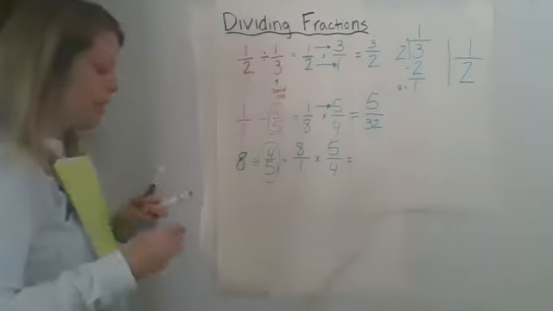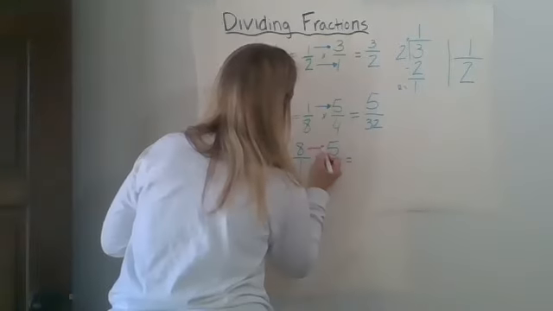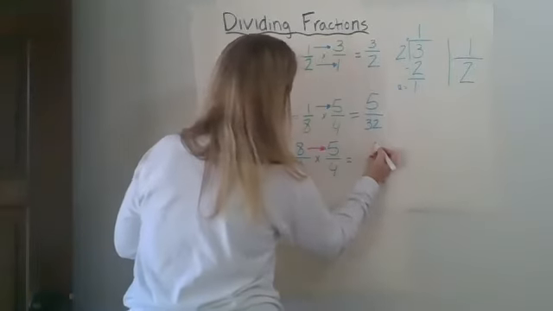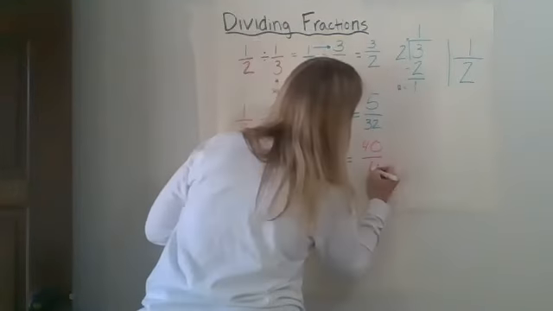Now I just multiply straight across. 8 times 5 is 40. 4 times 1 is 4.